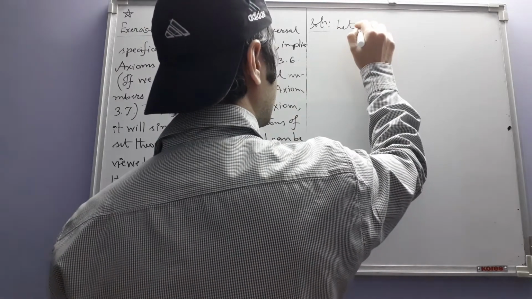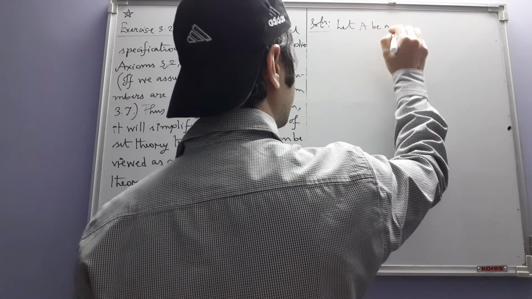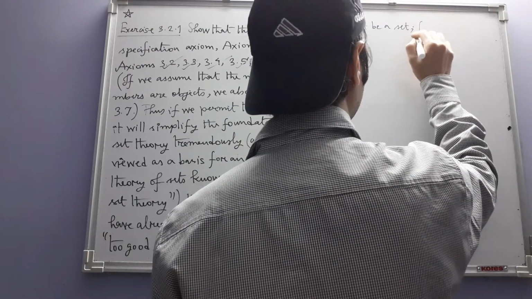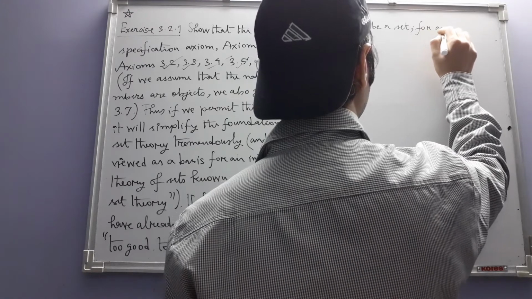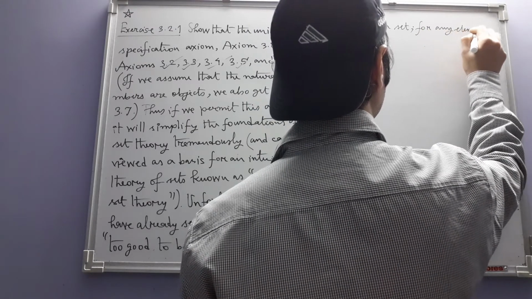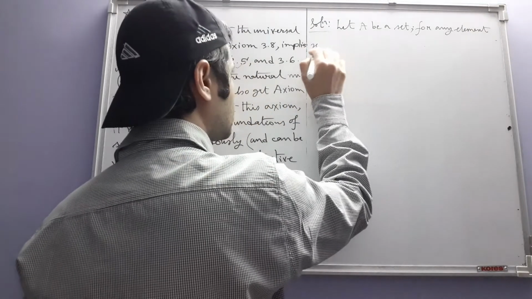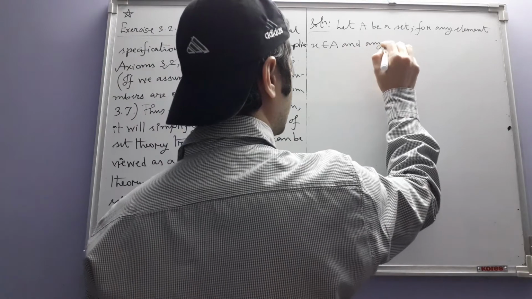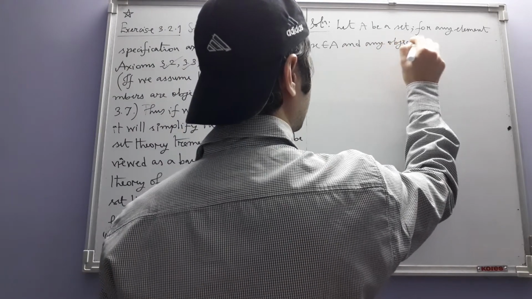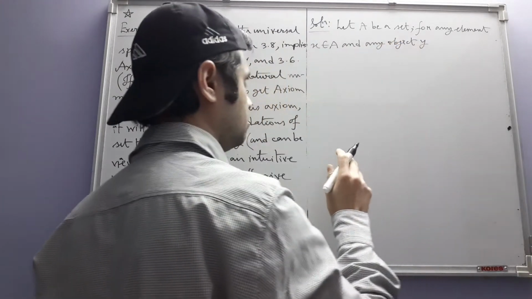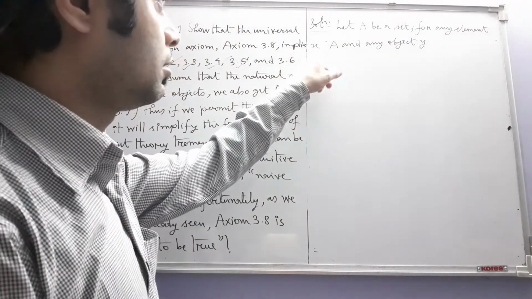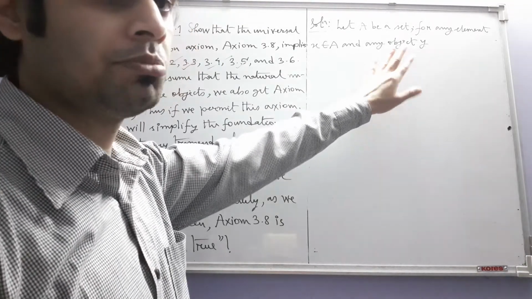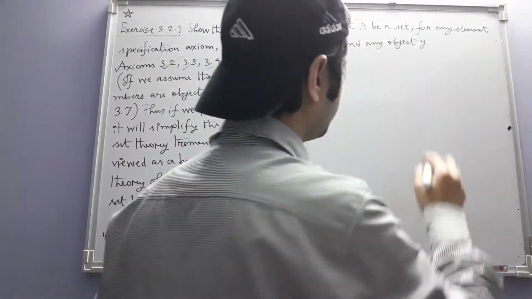Let A be a set, for any element x in A and any object y. If you can recall, we take an element from the given set and any object y which may or may not be from the given set.